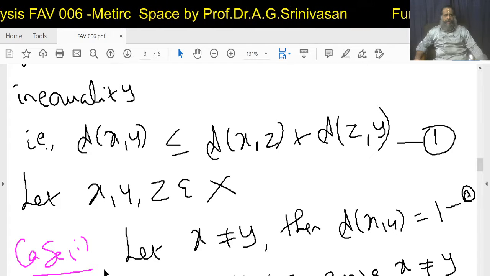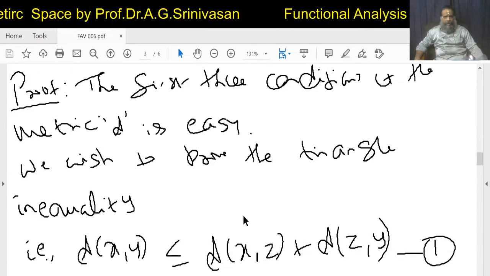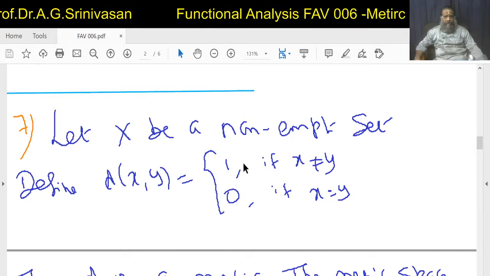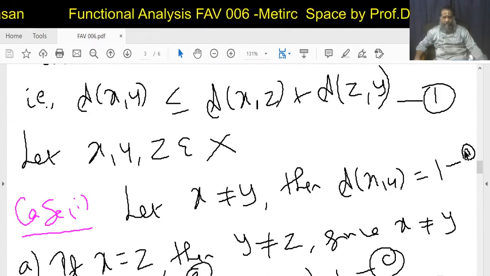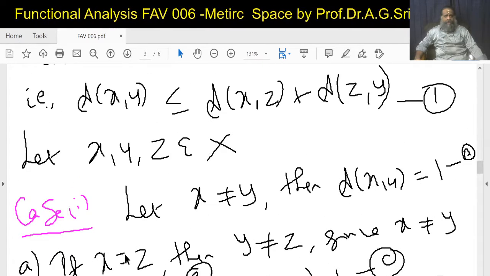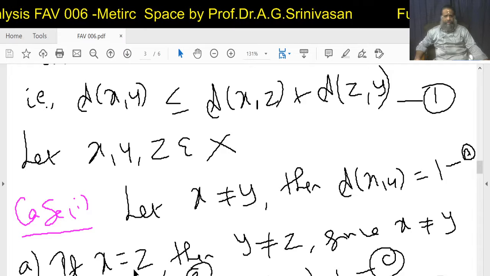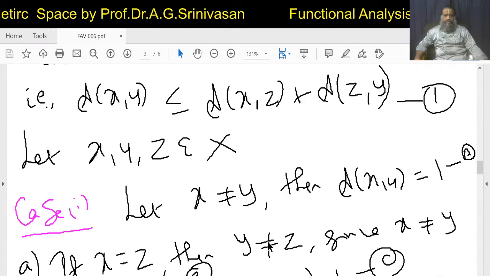I have two cases. Case 1: x is not equal to y. By definition, d(x,y) is 1, which I call A. Now suppose x is equal to z, as the first case. Because x is not equal to y, y is not equal to z.